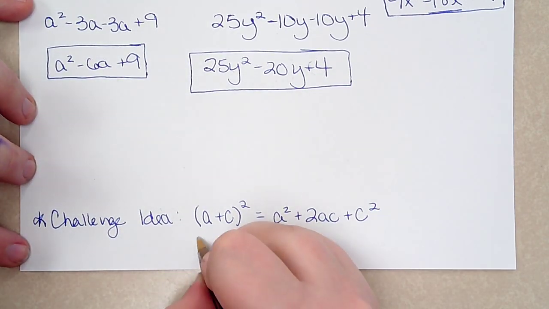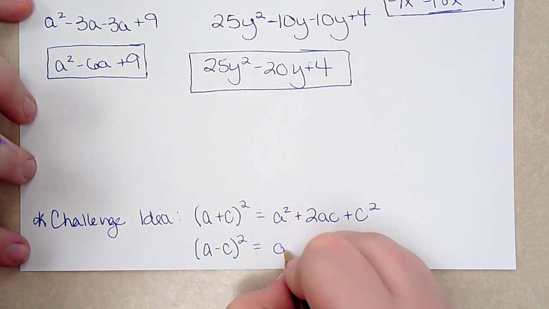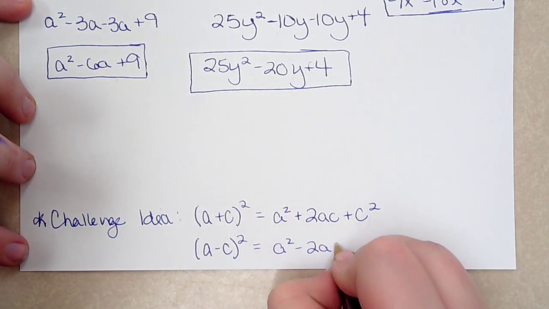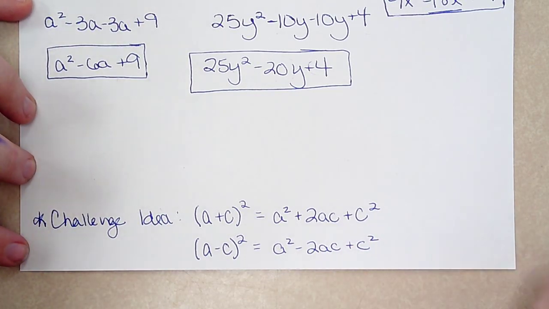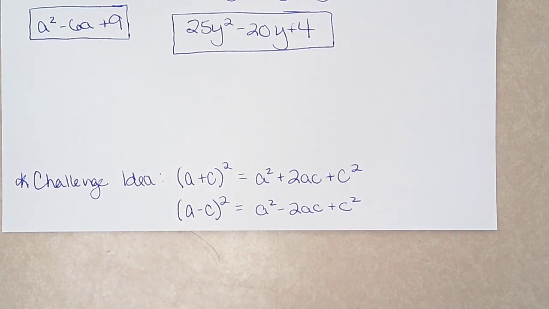The only difference when I have a subtraction in the middle is then I'm going to have minus 2ac plus c squared. See if you can figure out why this is. Do a little trial and error with that and see if you can figure out why these equations are always true. All right, if you have any questions, let me know.